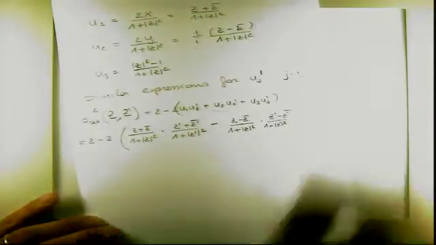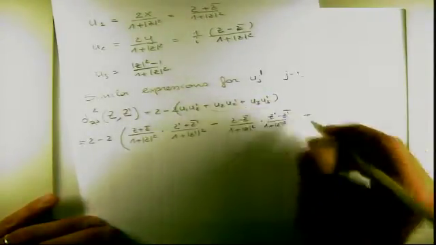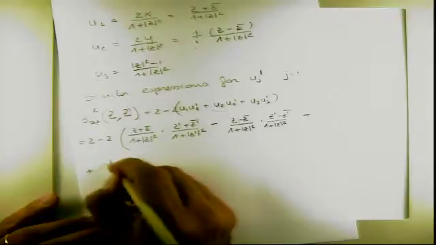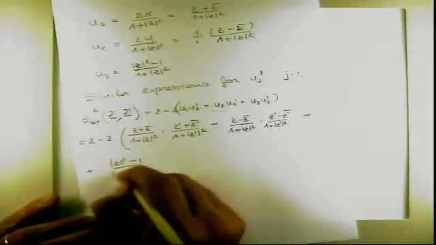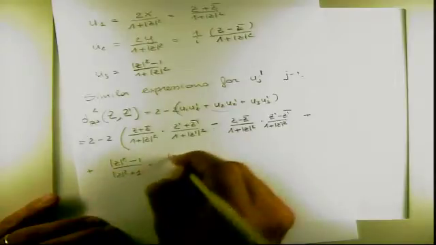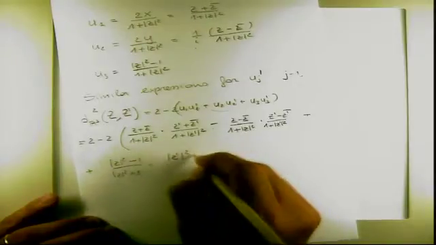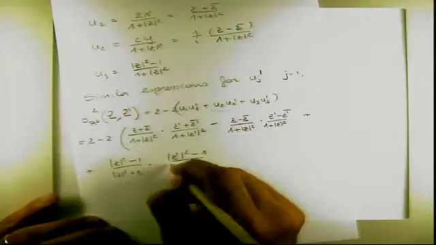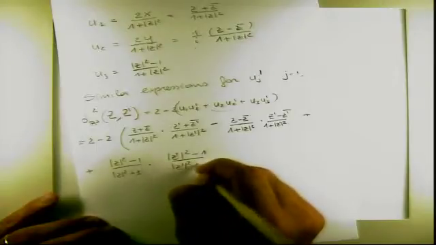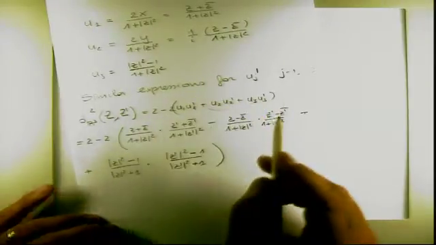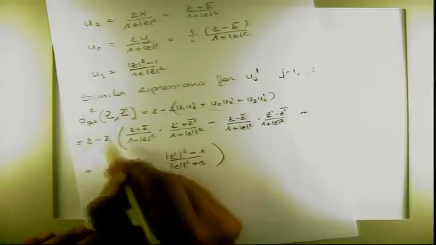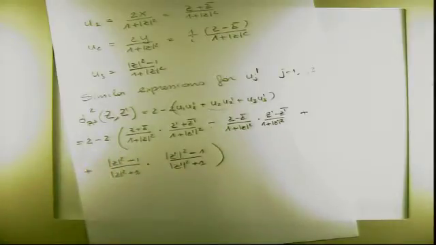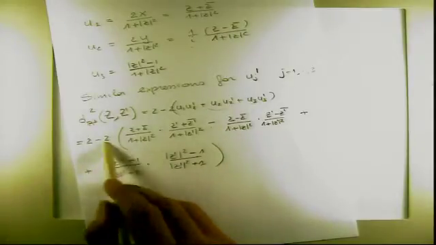And finally, I have modulus of z squared minus 1 over modulus of z squared plus 1 times modulus of z prime squared minus 1 over modulus of z prime squared plus 1, which is the last summand left. All right, so I can also factor out the 2 here.